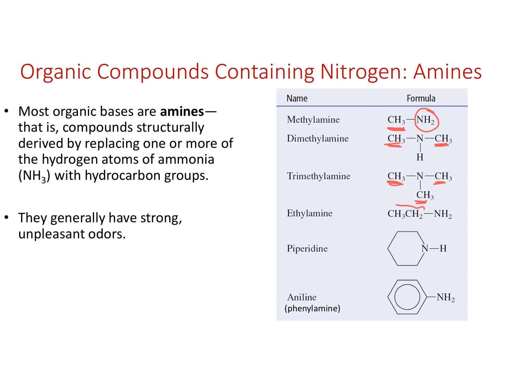Or here I have an ethyl group, right, that would be ethylamine. All you really need to know at this point is how to identify an amine. To identify an amine, we are looking for a nitrogen functional group in that molecule. So nitrogen connected to a carbon or a hydrogen in that molecule.